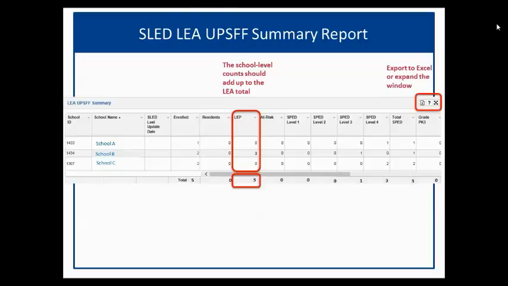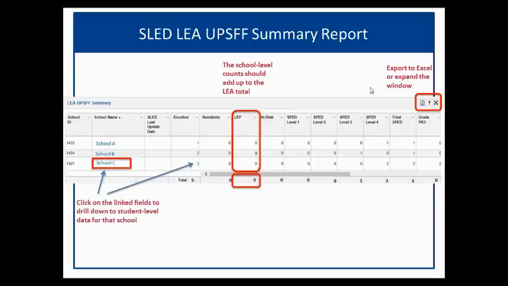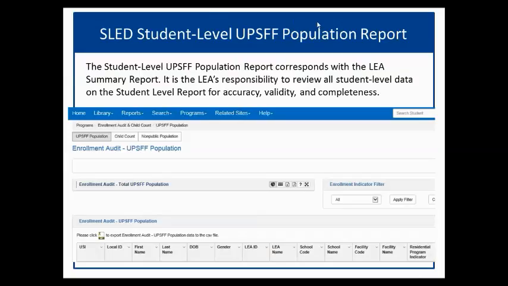You can also export this report to Excel by clicking on the button there in the upper right corner. And you can also click on the link to see who the students are for the data fields. You can hide and sort different columns based on what you want to look at. And that's all for that.